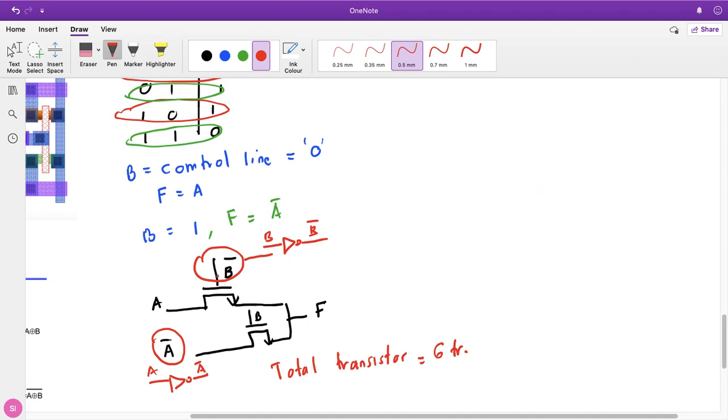So for this transistor network, one transistor network can be claimed as one transmission gate. So we replace this network, or this instance, with a transmission gate. So one instance now has 2 transistors.